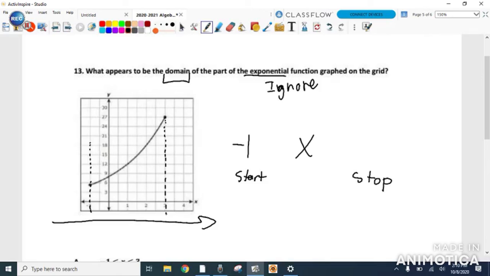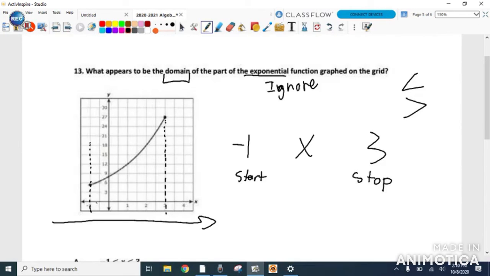Now, here's how you decide which direction the mouth for my inequality symbol is going to face. If I look here at -1, if I follow my finger along this line and I look down here at my x's, are they getting bigger or are they getting smaller?